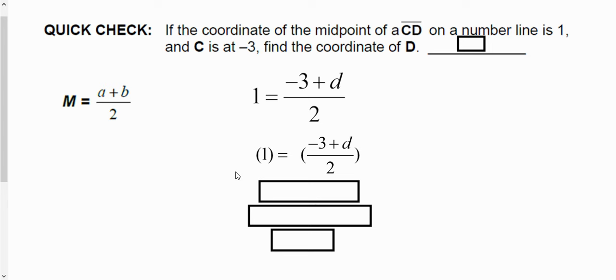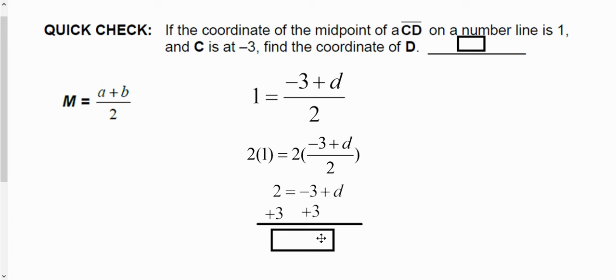So we'll solve that. We'll multiply both sides by 2 to get rid of that division by 2 on this side. And we get 2 equals the top part, because the bottom's gone, -3 plus D. Cancel out that -3 with addition, and we end up with D. The other endpoint is 5.